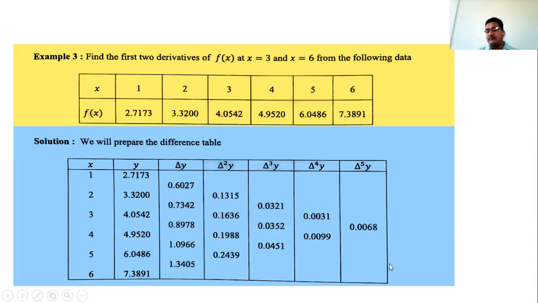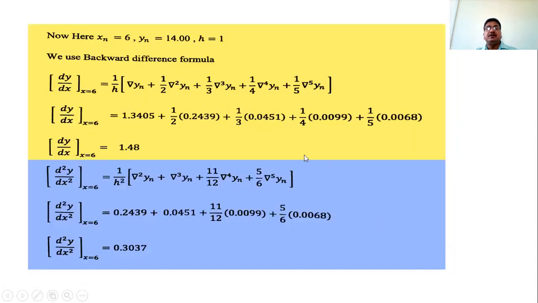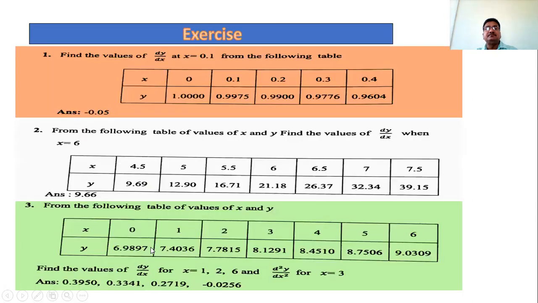So write the values from the same table or prepare the backward difference table again. The first order derivative at x equal to 6 is 1.48. Similarly, the second derivative at 6: this is the general formula, and substituting the values we have the answer 0.3037.